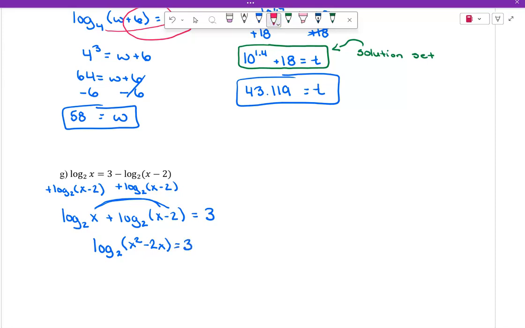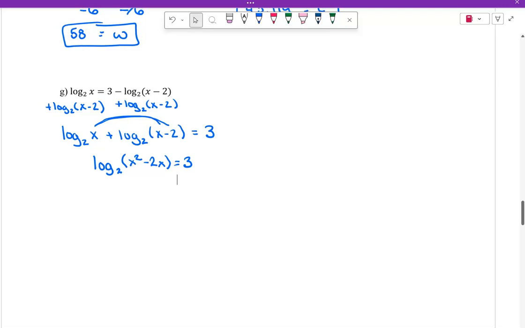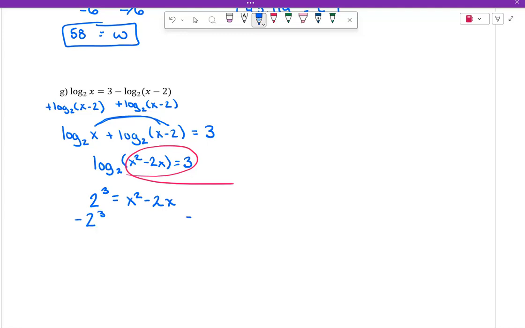So now we have log equals a number, so we can make our e. So we're going to have 2 cubed equals x squared minus 2x. So notice we have an x squared, so we're probably going to have to factor, leave that positive. So I am going to go ahead and move this over here.